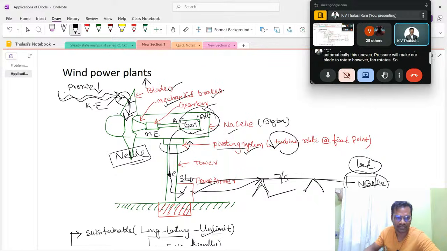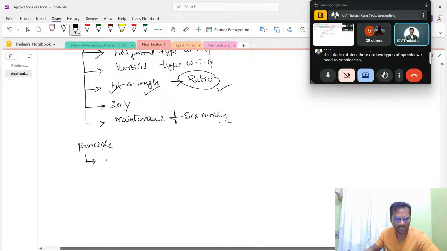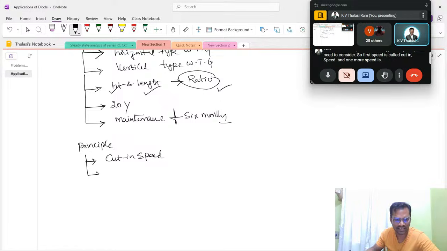Whenever this blade rotates, there are two types of speeds we need to consider. The first is called cut-in speed, and the other is called cut-out speed. Cut-in speed is the minimum speed required by our wind turbine generator to start rotation.